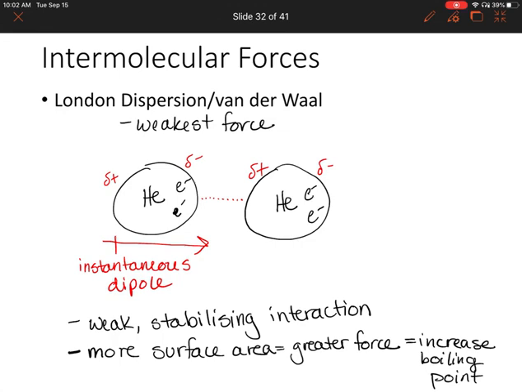So maybe instead of helium atoms, we look at argon atoms. Argon is another noble gas, but it has way more electrons and it's much larger. So with a greater surface area, argon would have a larger boiling point than helium.